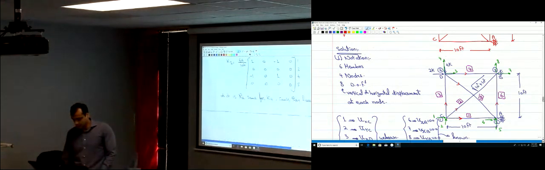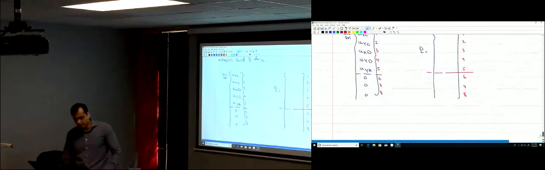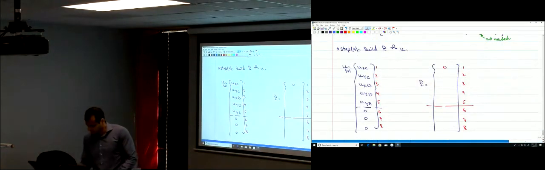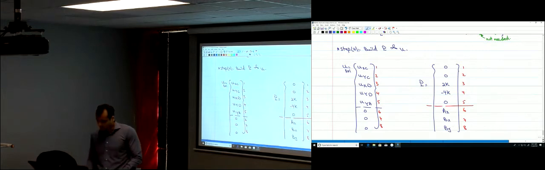So let's write the load vector. So now the load vector looks like this. So we said that's 0, 0, 2k, negative 4k, 0. And then those are unknown, AX, BX, and BY. Okay?